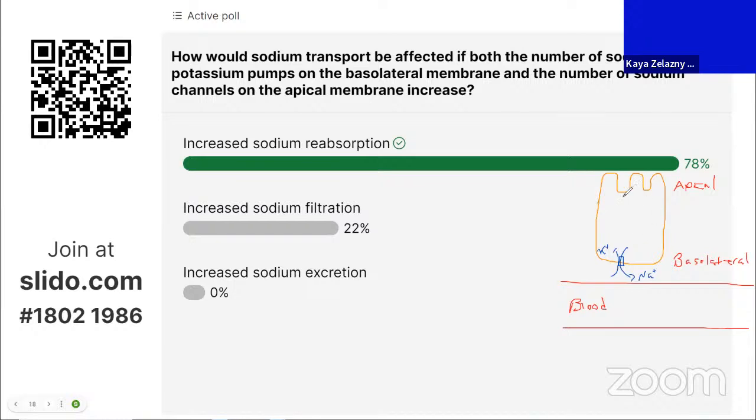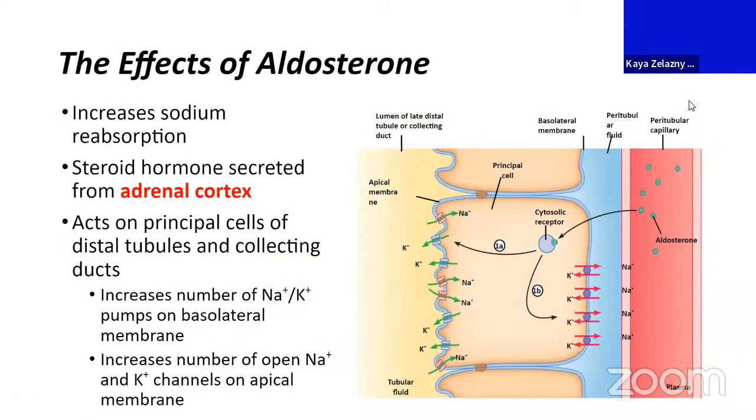If at the same time we put a bunch of sodium channels here, now we're going to pull sodium into the cell and we're going to pump it out of the cell. So the overall effect is we're reabsorbing more sodium because we're creating this gradient and then using this gradient to pull sodium back into your bloodstream. That's what aldosterone does.